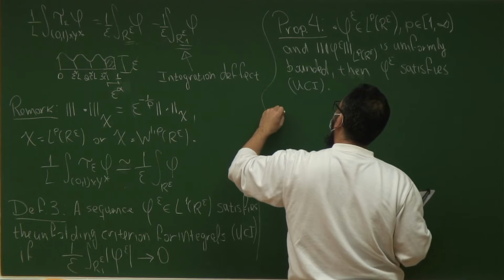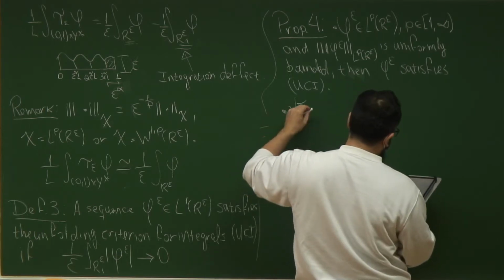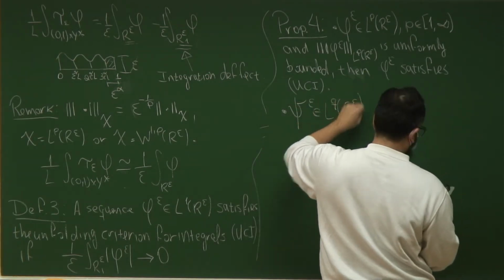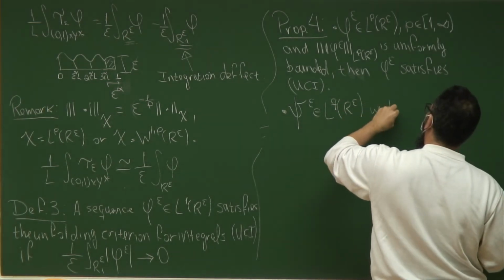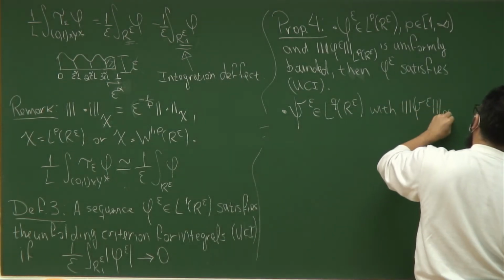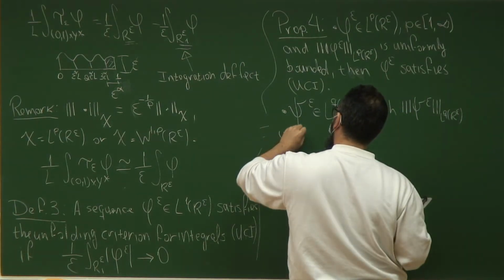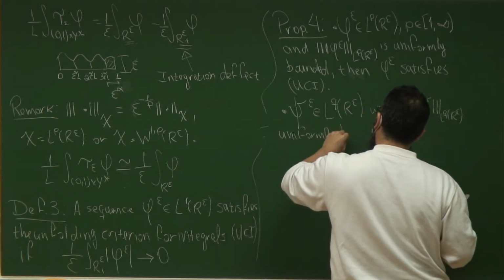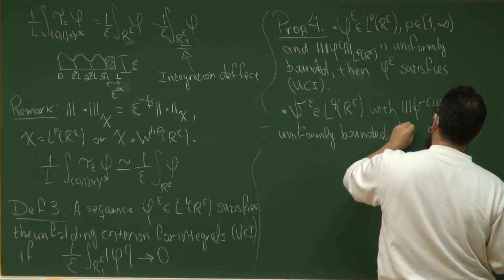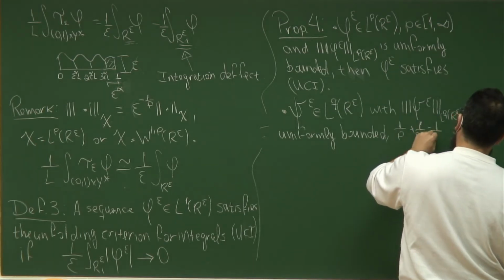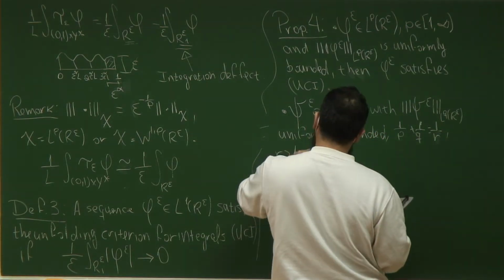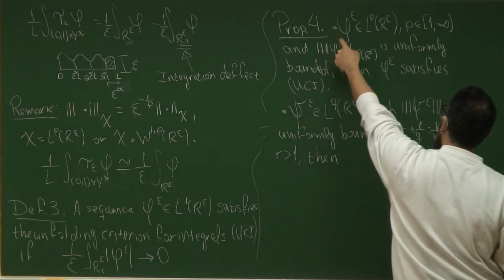Moreover, if you have a psi epsilon, let's say, in an LQ, also uniformly bounded, and 1 over P plus 1 over Q equal to 1 over R with R bigger than 1, then here I will use the same phi, okay?